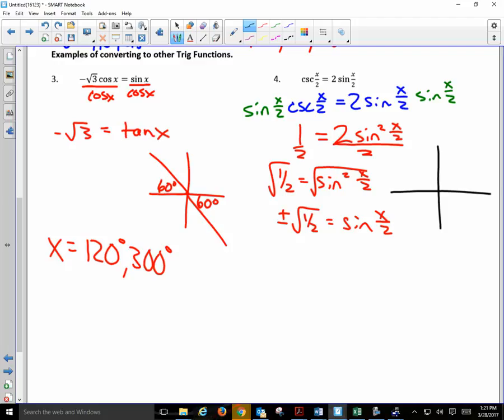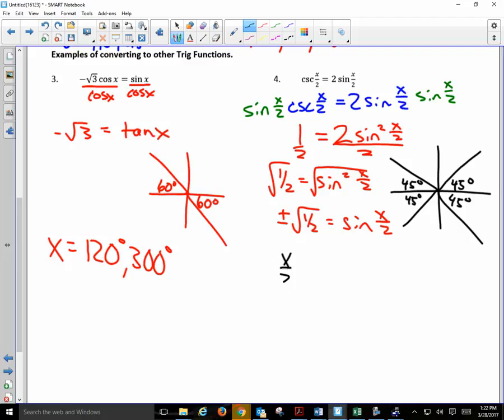Where is sine positive? 1 and 2, negative in third and fourth. Sine inverse of the root of 1/2 is 45 degrees. So if I do sine inverse, what remains on that side?